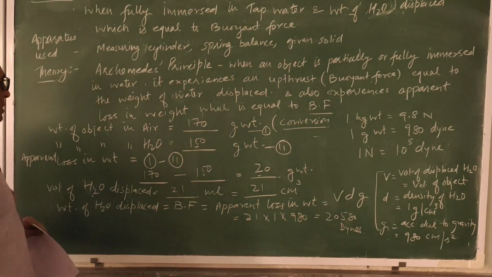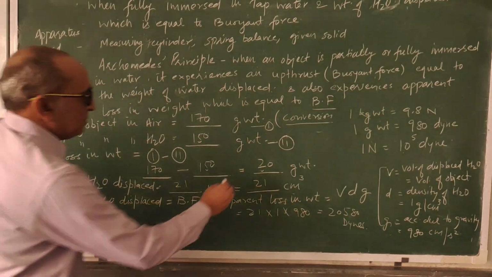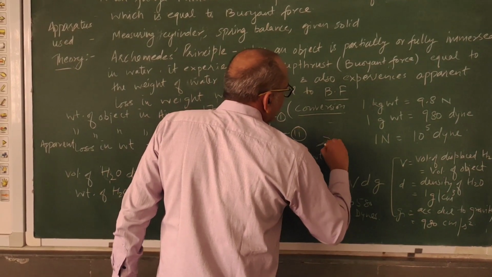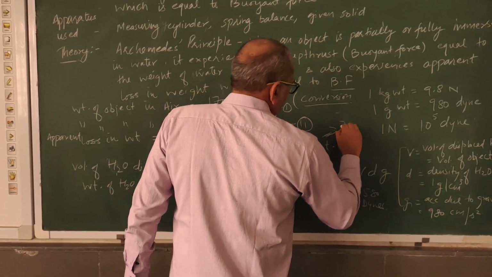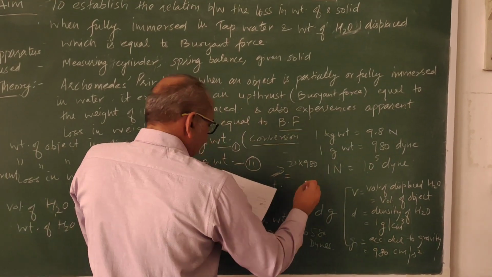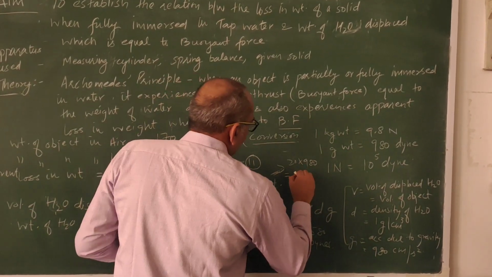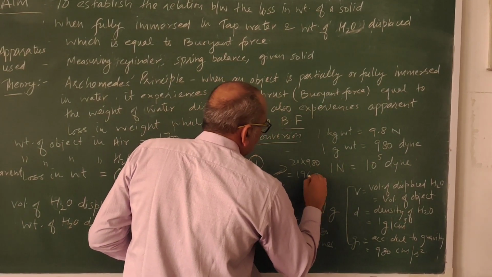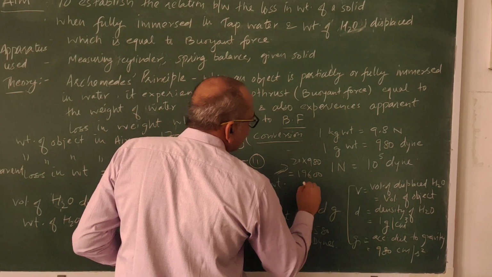This loss in weight should also be converted into dynes. So this becomes 20 into 980. This is 19,600 dynes.